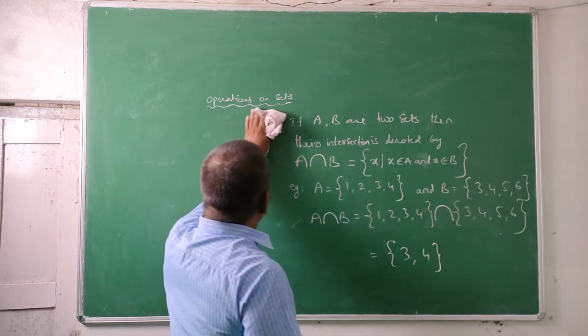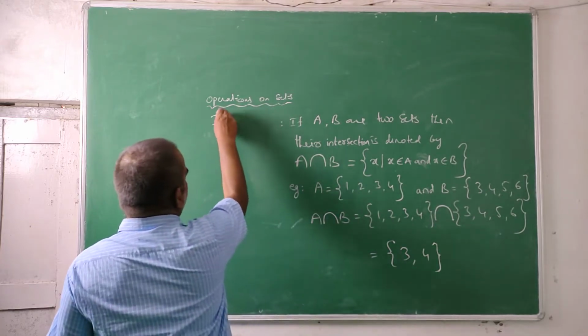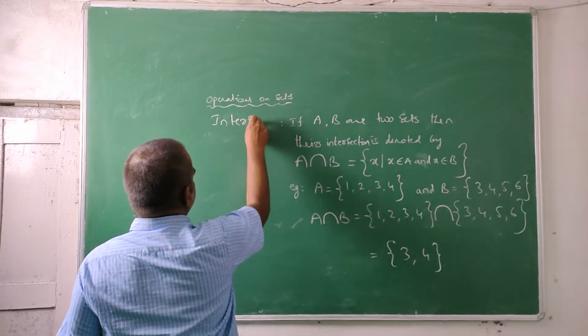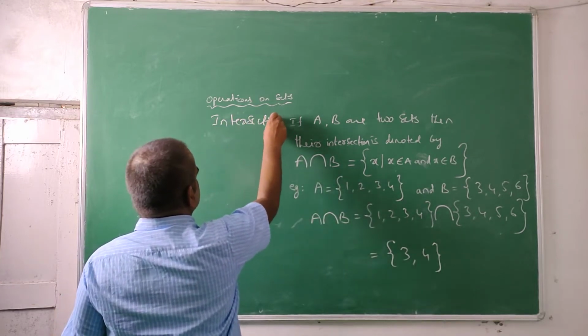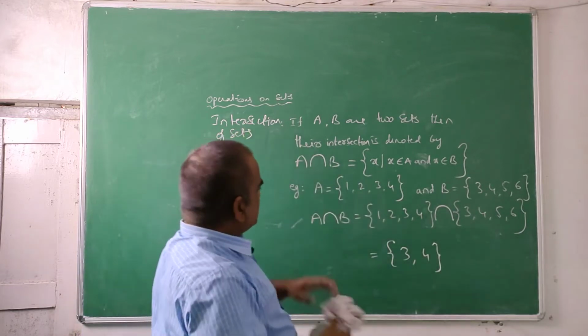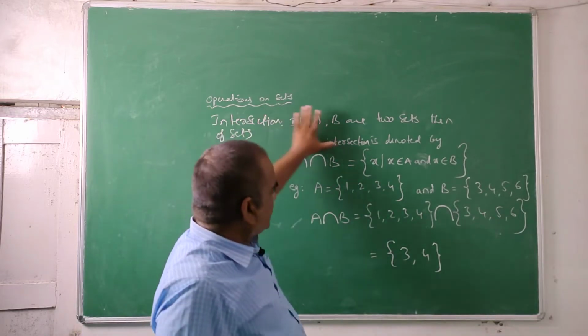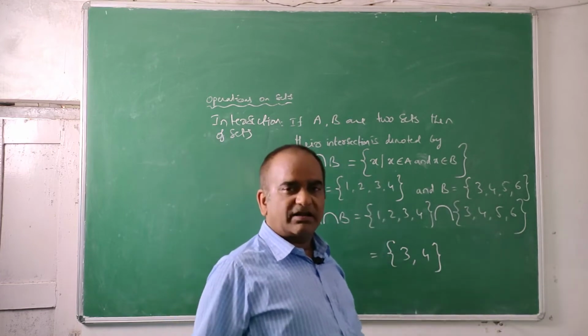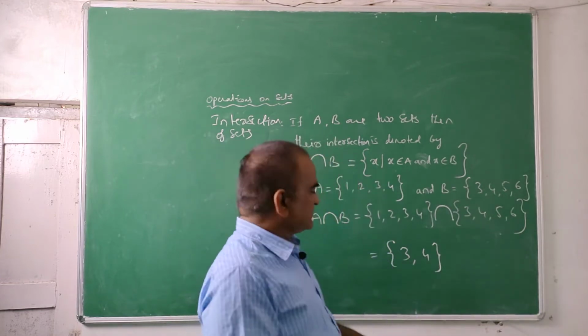So union of sets over, intersection of sets over. Now difference of sets.